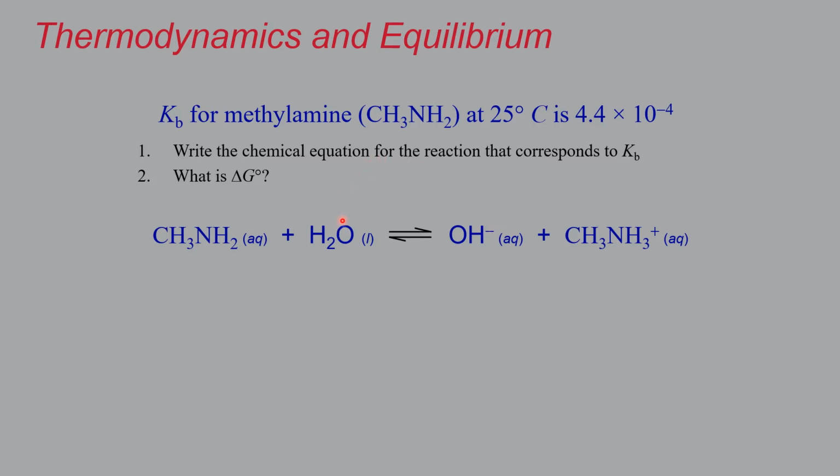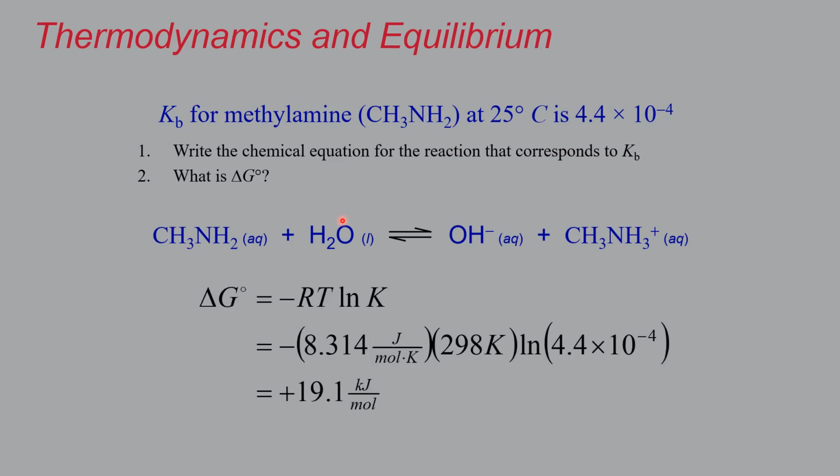But in this case, the easier way is this relationship right here, that standard delta G is equal to negative RT natural log of K. You've got all that information, you can just plug it in. Don't forget this is the joules per mole per Kelvin version of R, so you've got 8.314, temperature is 298 Kelvin, and then times the natural log of 4.4 times 10 to the negative 4.